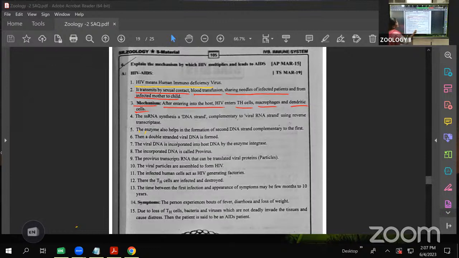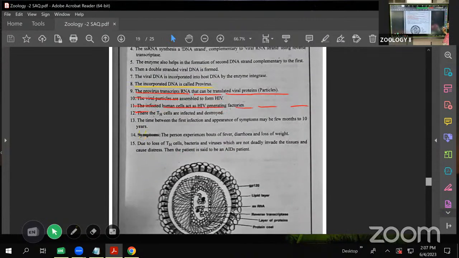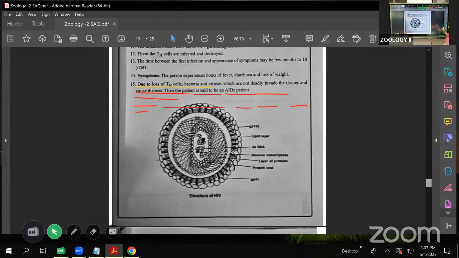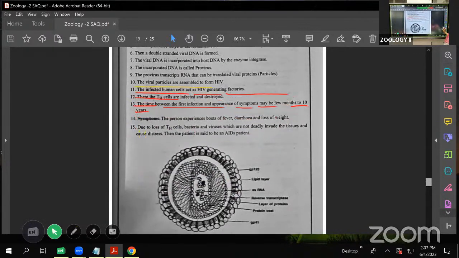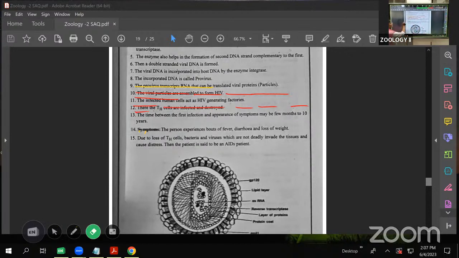Clear? After that, I will show the structure of the HIV virus. See here, this is the actual structure of the HIV virus.